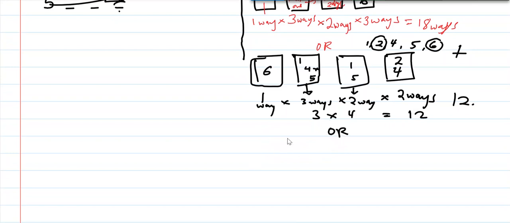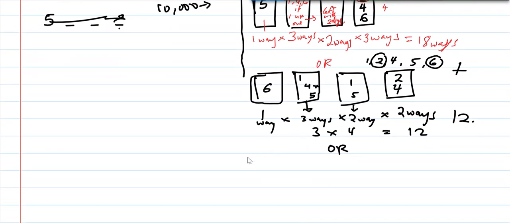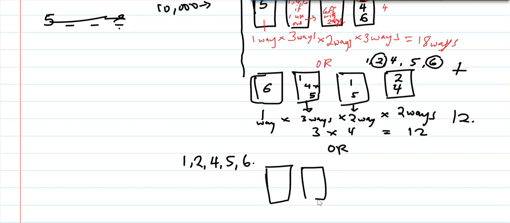What if the number, and how many digits do we have here? We have 1, 2, 4, 5, 6. These numbers, we can use all the 5.